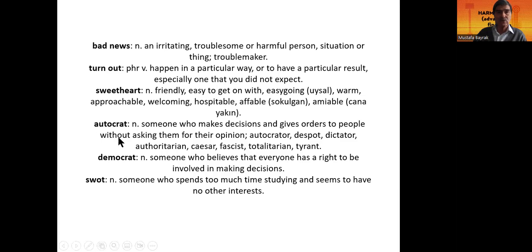An autocrat is the opposite. A sweetheart, just like a Democrat, always gives a chance to everybody to express themselves, to tell their opinions.